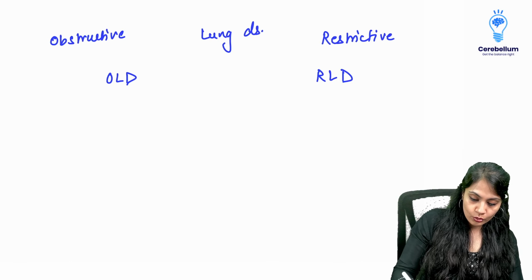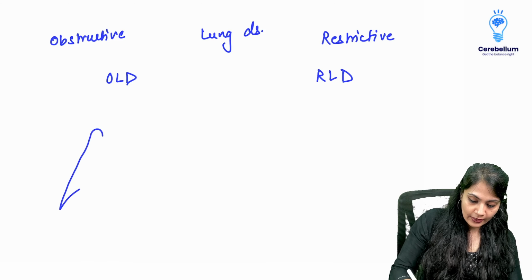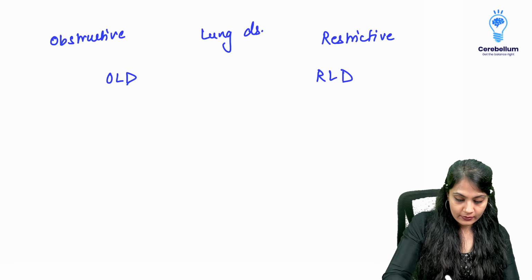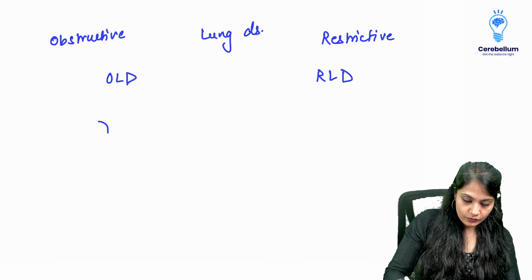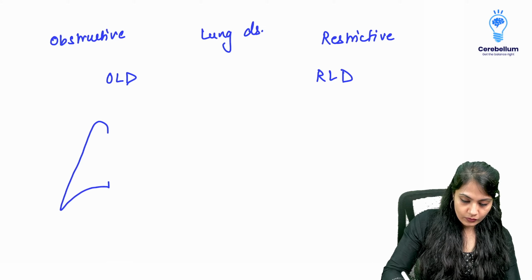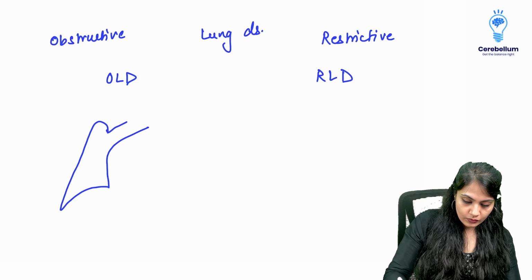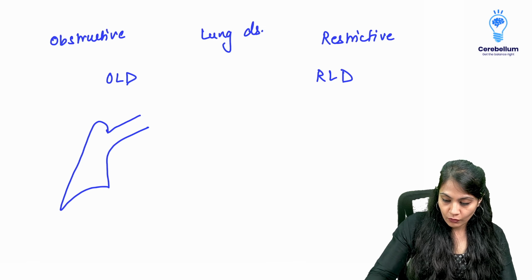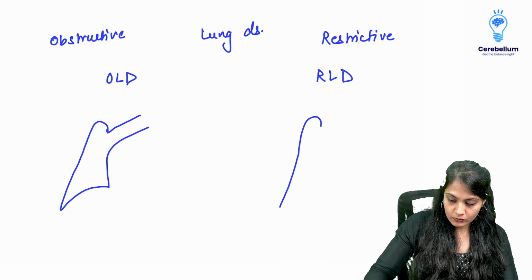So let's draw two lungs. Your lungs are triangular. Let's say this is the patient's lung, patient A, right? And let's draw the lung of patient B also.